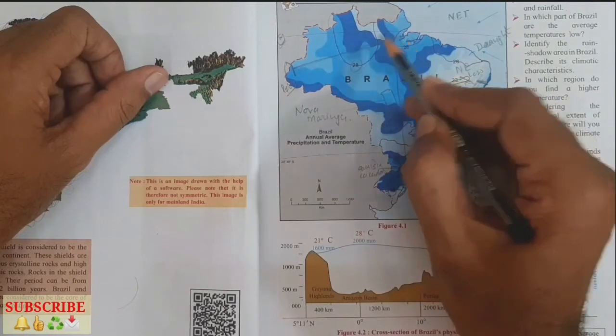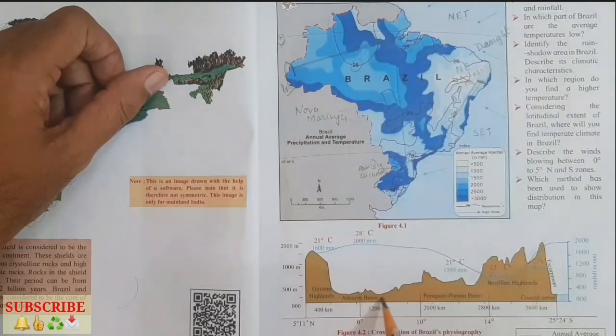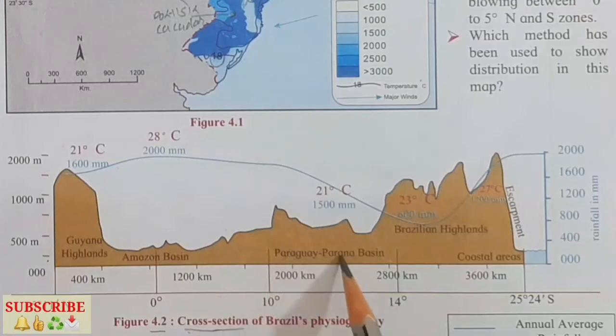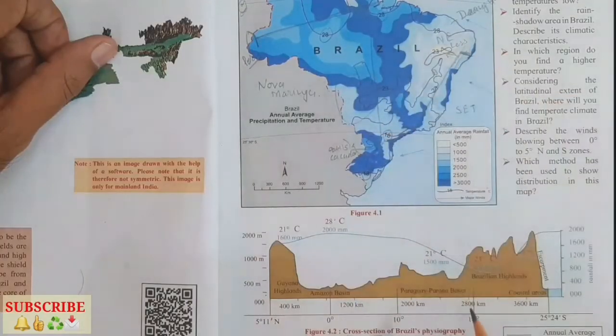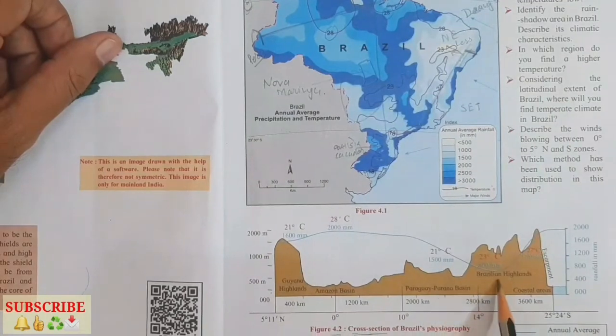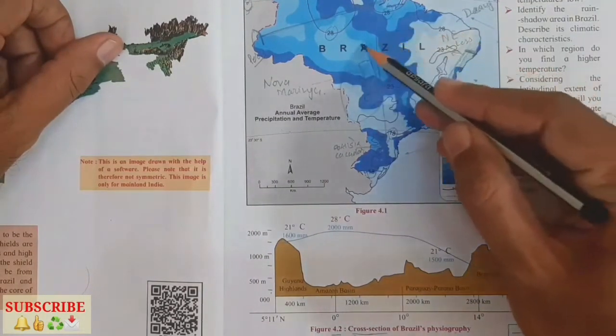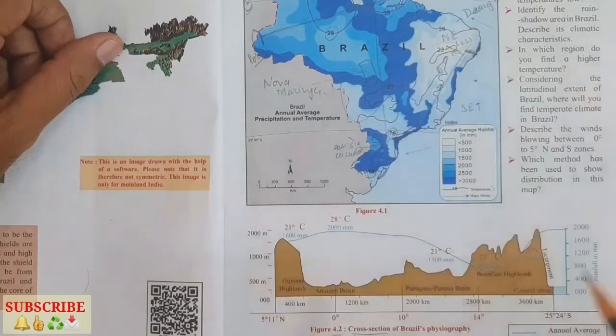So here this is the Amazon basin. Paraguay-Paraná basin. We know that this is the Paraguay-Paraná basin. Okay, students. Now Brazilian highlands. This area is called Brazilian highlands. Most of the part of Brazil is occupied by Brazilian highlands.